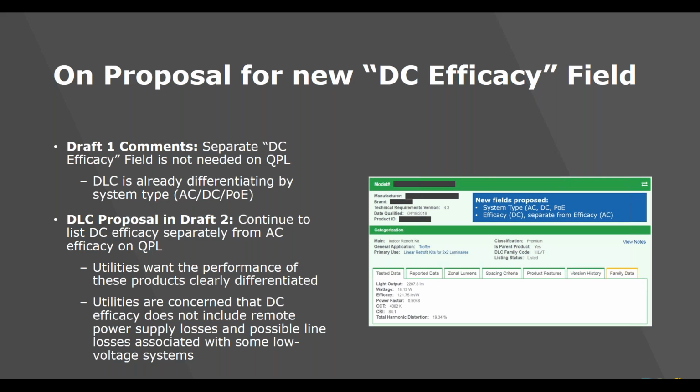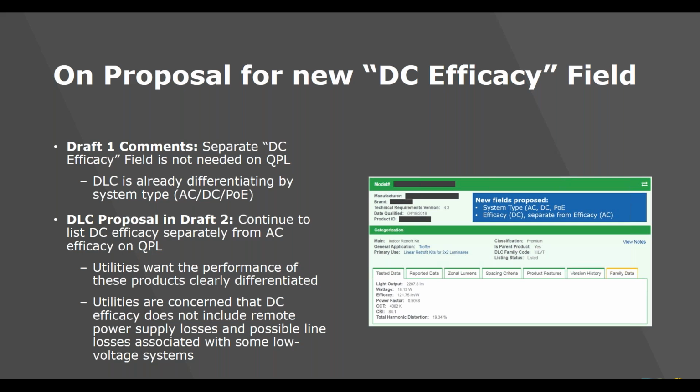We heard a lot of comments back on the first draft that this DC efficacy field is really not needed, since we're already differentiating by system type. Users of the QPL could filter the list by either AC products or DC products to understand the difference in performance. We brought that feedback back to the utilities, and they asked us to continue to move forward with a separate DC efficacy field. It's important to them that the performance of these products is clearly differentiated on the QPL.